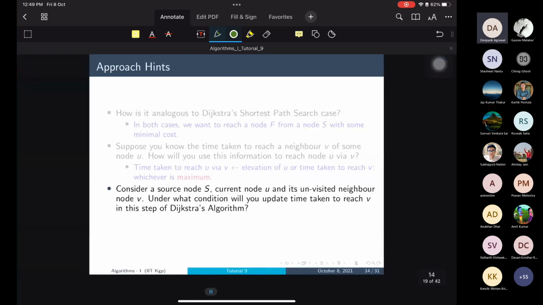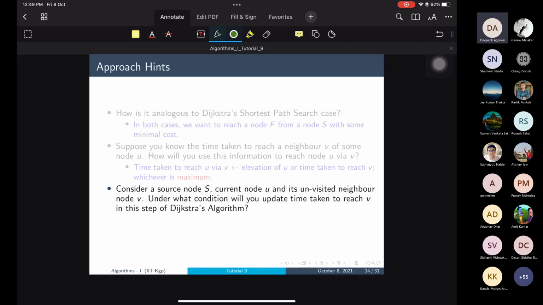So now that you already know how much time you are going to take to reach V, and you also know how much time you will take to reach U via V, can you use this particular thing?